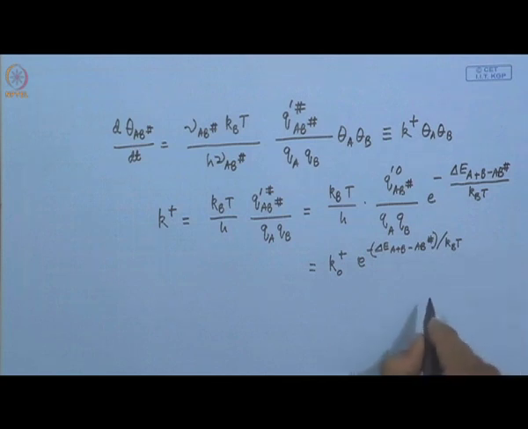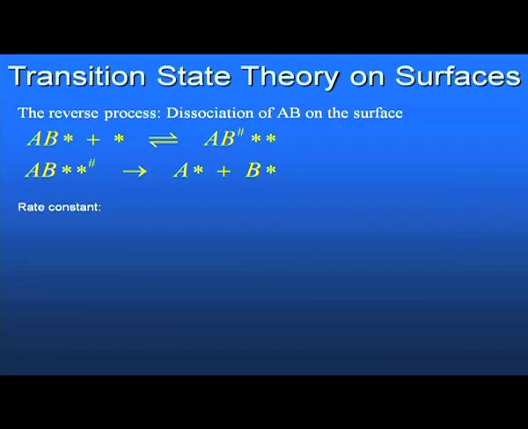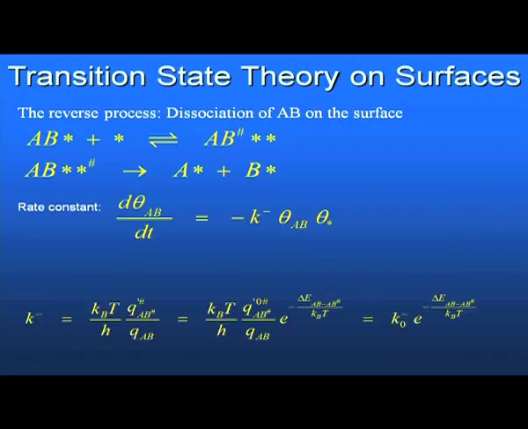Okay. So, this is the expression for your K plus. Next, the reverse process. Reverse process means the dissociation of AB on the surface.